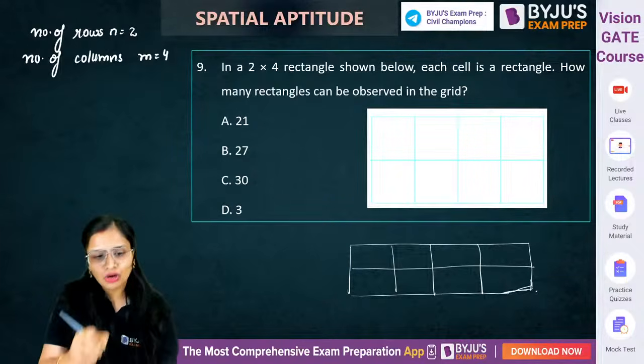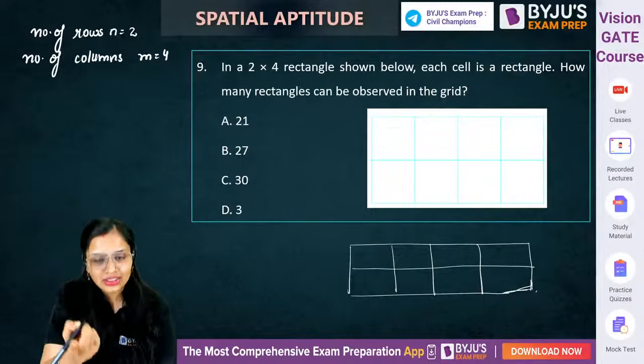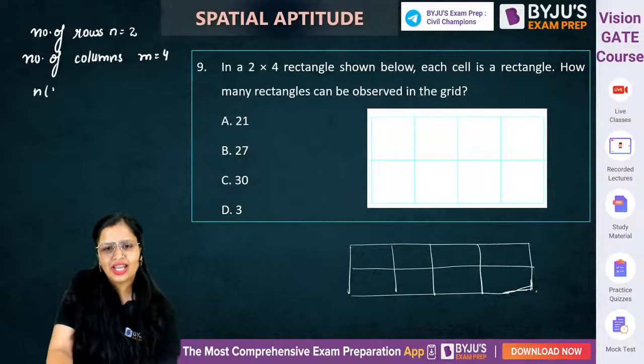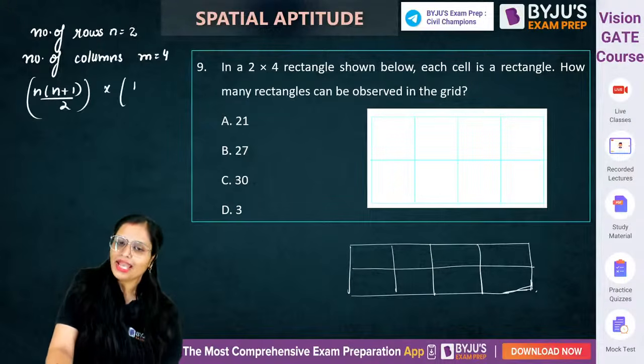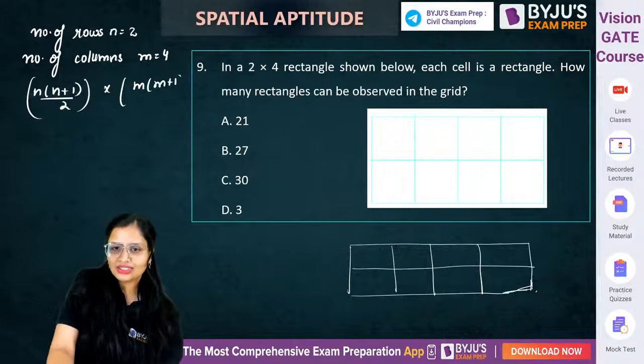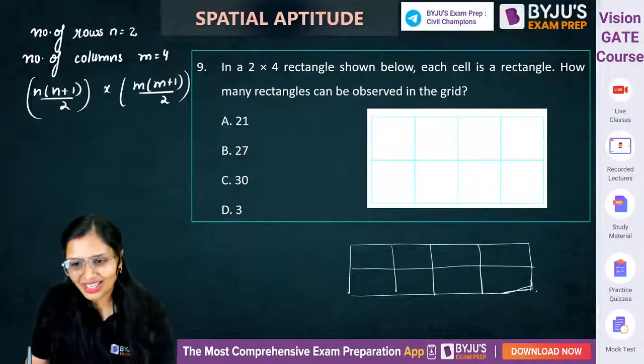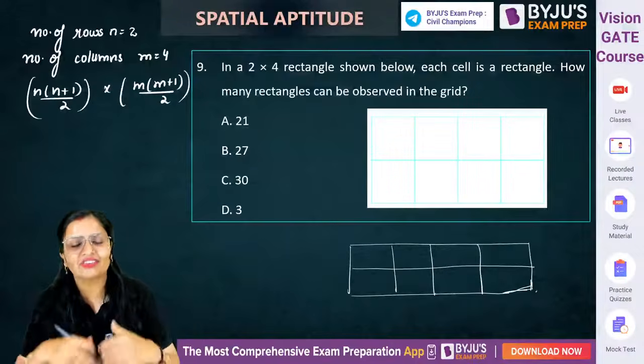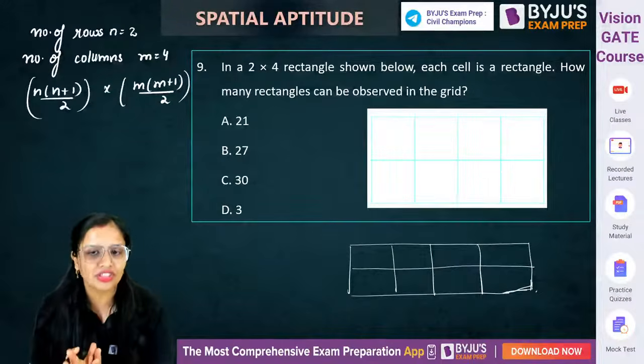The best and shortest trick is n plus 1 by 2 into m plus 1 by 2. Don't count one rectangle, then two rectangles together forming another rectangle. It's just a wastage of time.